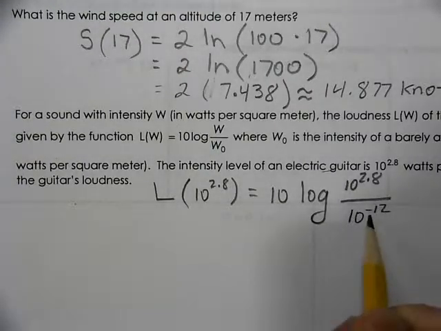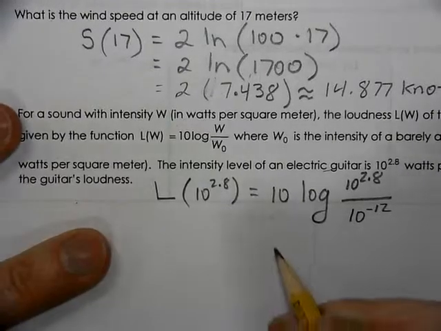So what does it mean to have a negative exponent? A negative exponent means move it up to the numerator.